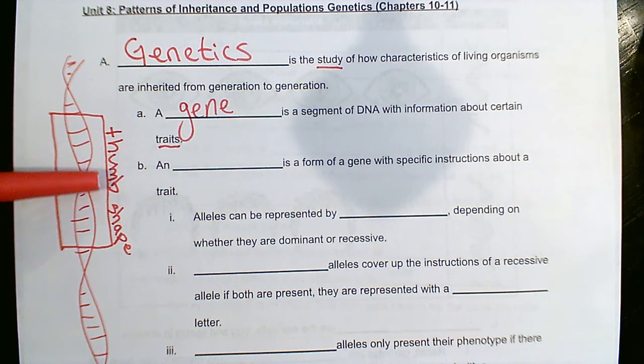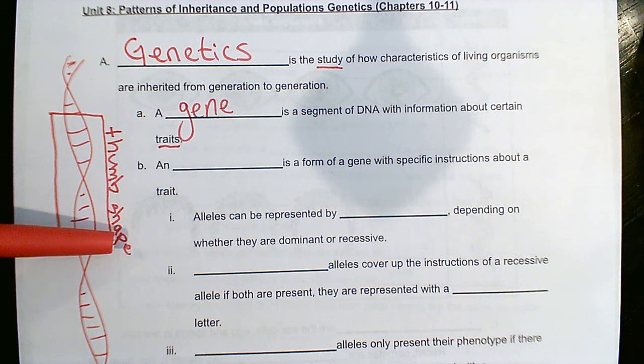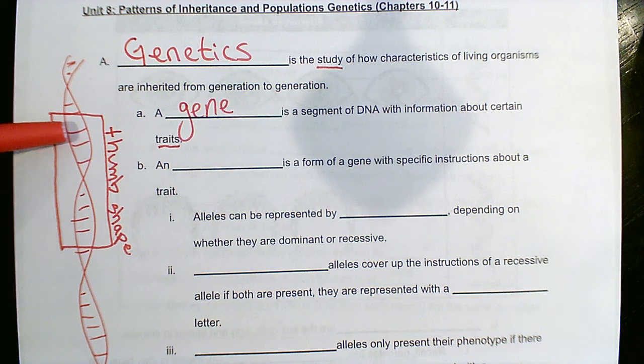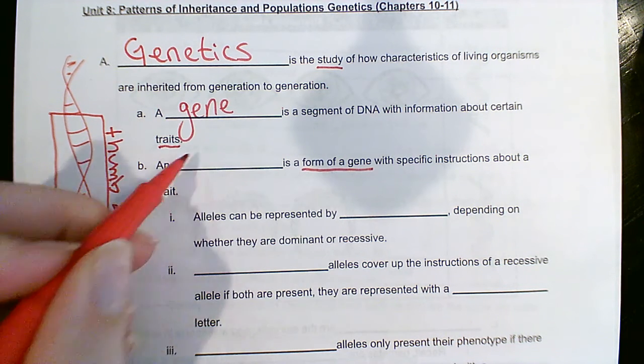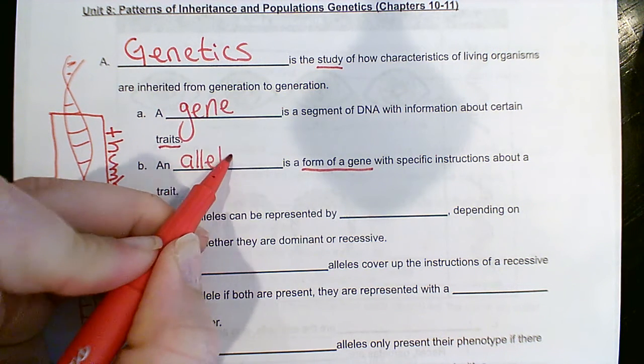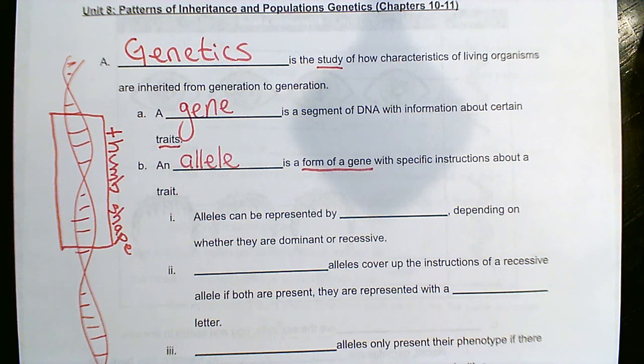Okay, but notice I didn't label this gene with hitchhiker thumb or straight thumb, right? This would be the gene for the trait, which is the shape of the thumb. When we're talking about which shape, the form of the gene, then we're talking about an allele.